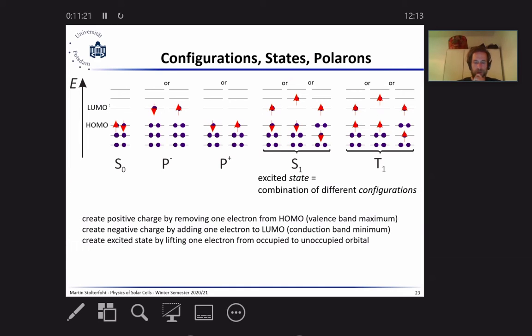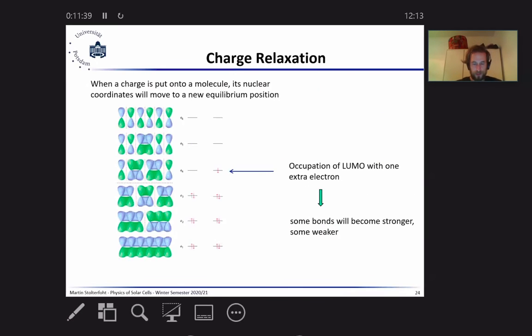So this shows you a slide of states and configurations in organic semiconductors, in principle, especially polar ones, singlet states, and excited states. So why is this important? Well, there's one important thing in organic semiconductors.